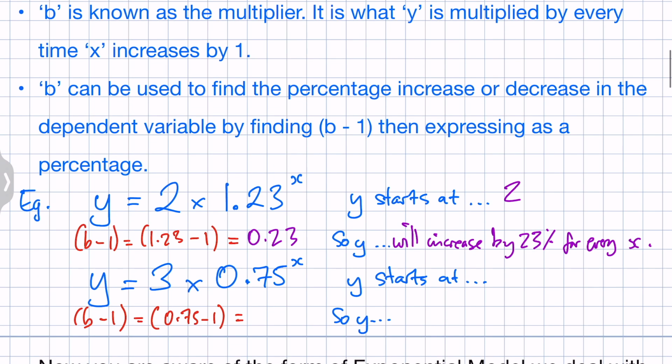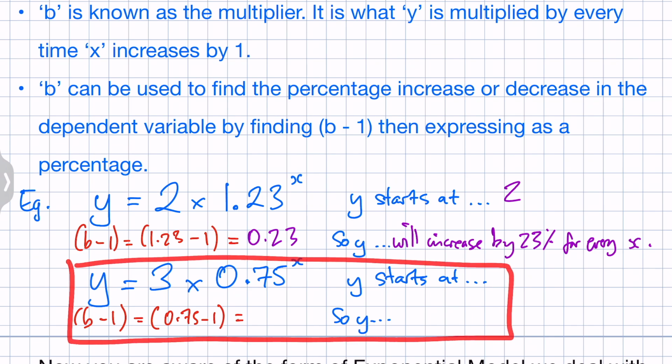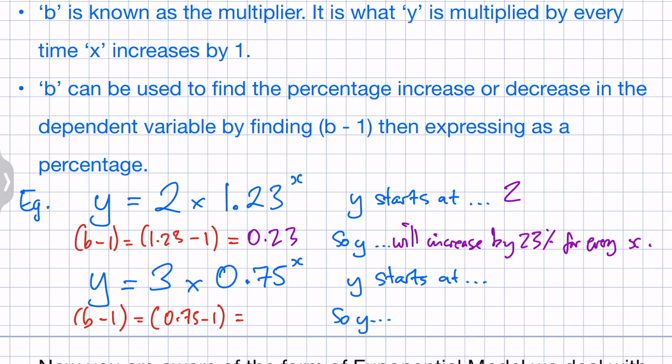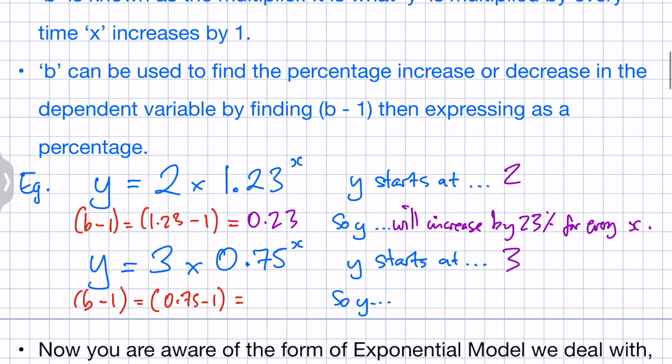Let's do the same thing for a b that's less than 1. What would y start at for this model here? 3 times 0.75 to the power of x. 3. y will start at 3. But now b is smaller than 1. So what's 0.75 take 1 going to be? Is that going to be a positive number or a negative one?